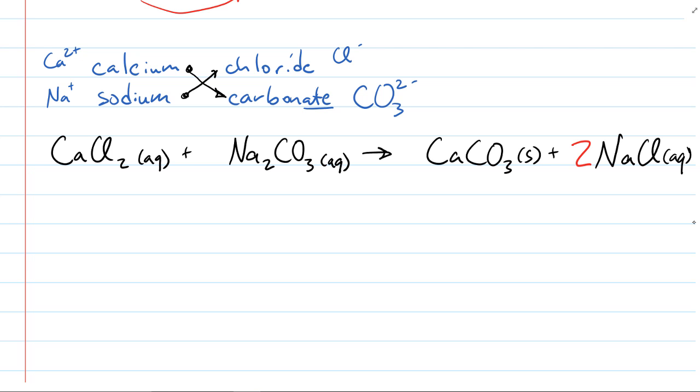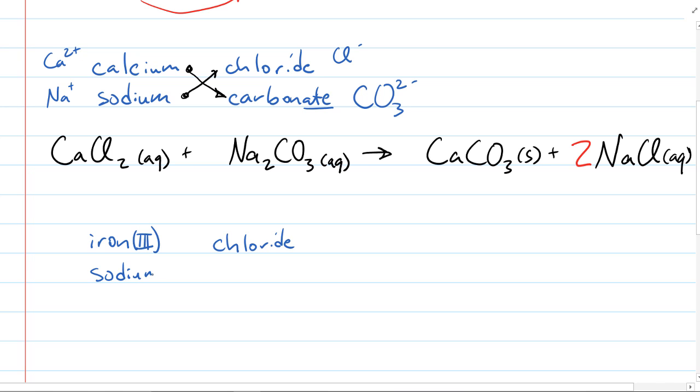Again, my suggestion to you would be to write the names one above the other. So again, iron 3 chloride. Remember that when we talk about the 3, it's a Roman numeral 3. Chloride. And then the other reactant here is going to be sodium hydroxide.